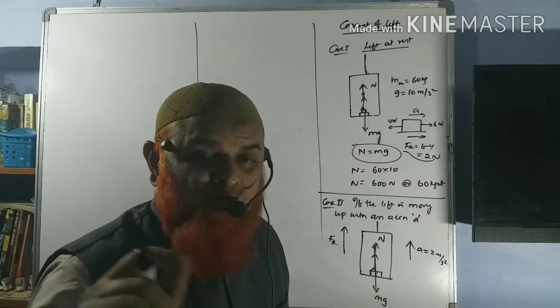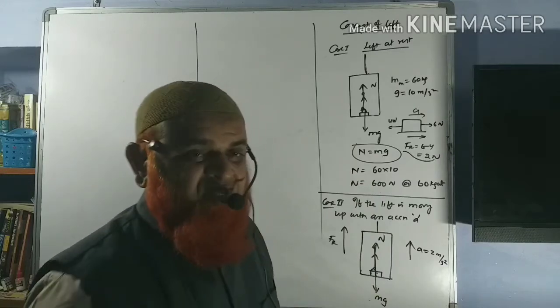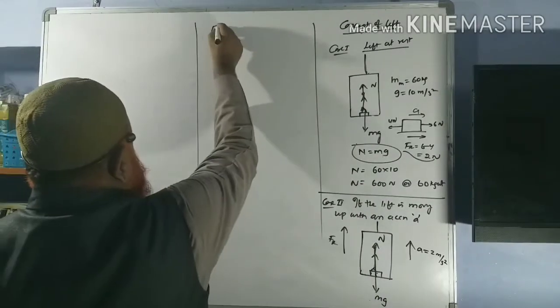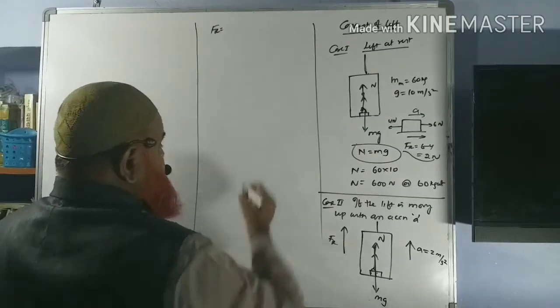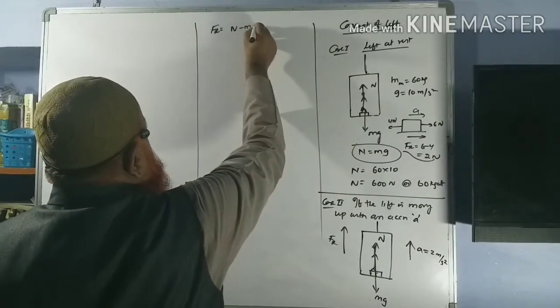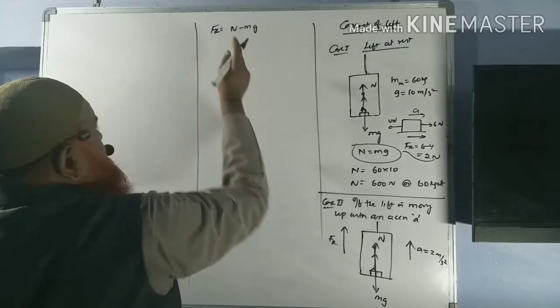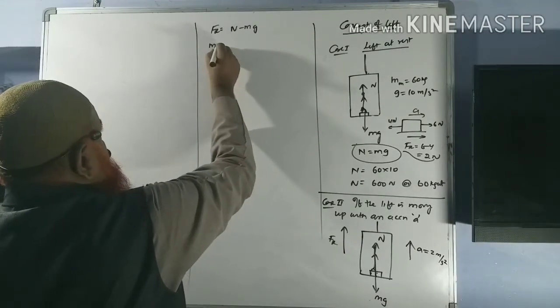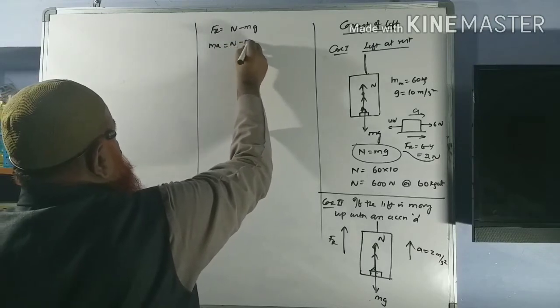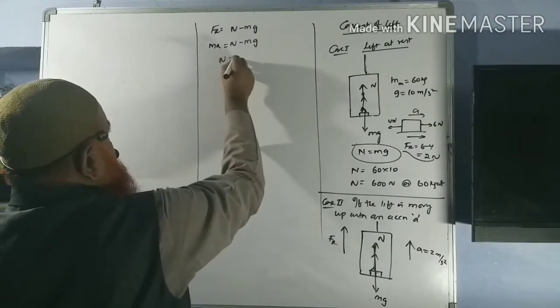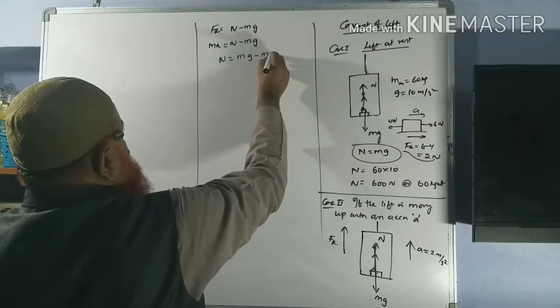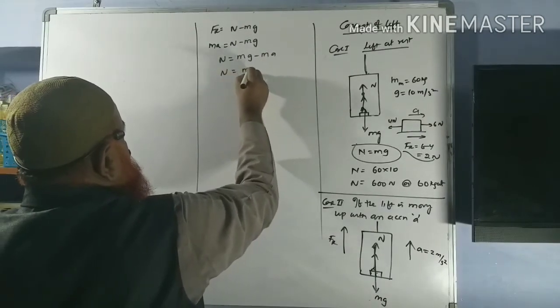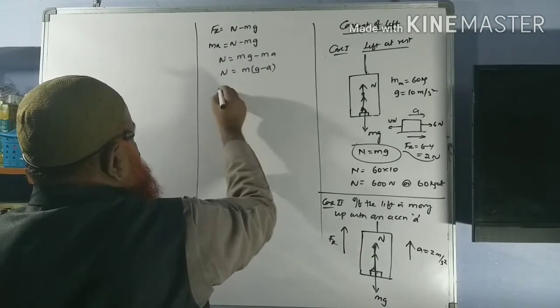So N is dominating mg. Normal reaction is dominating mg. Therefore, we can write the resultant force as N minus mg. According to Newton's second law, Fr is equal to m into a. Therefore, N minus mg equals ma.